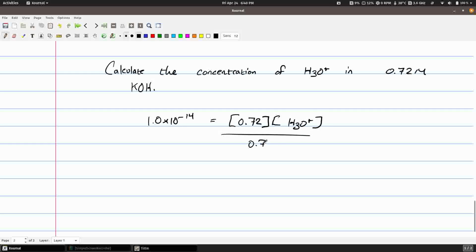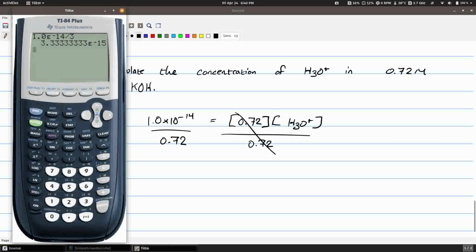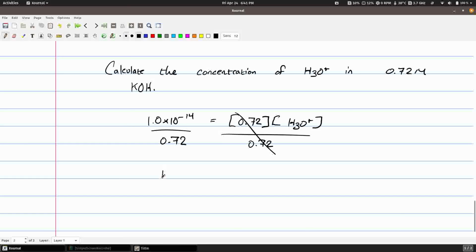So you divide out 0.72. So 1.0 times 10 to the negative 14 divided by 0.72. Our answer for the concentration of hydronium is going to be 1.39 times 10 to the negative 14.